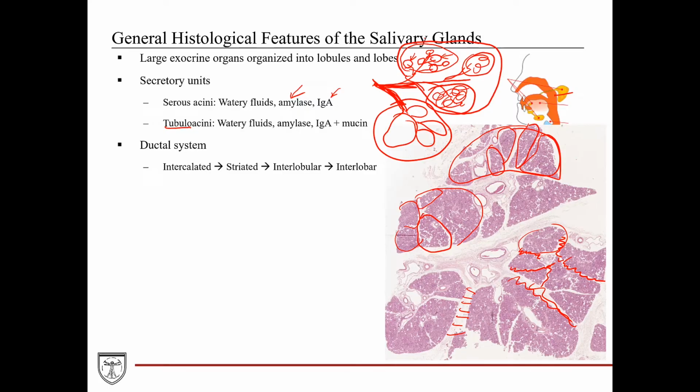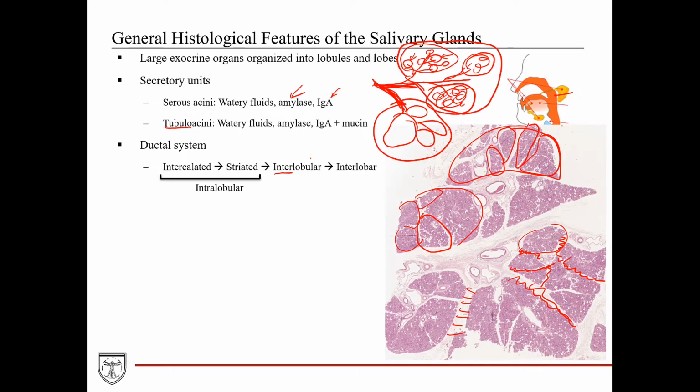The intercalated and striated ducts are actually positioned within the lobules. So these two types of ducts are classified as the intralobular ducts as opposed to the interlobular ducts. Inter refers to in between.